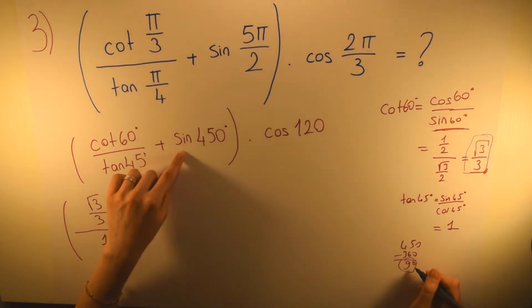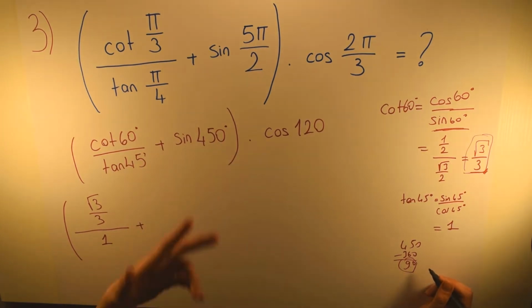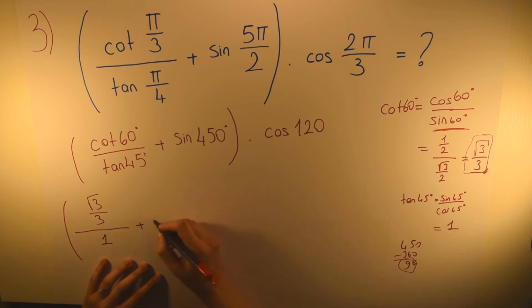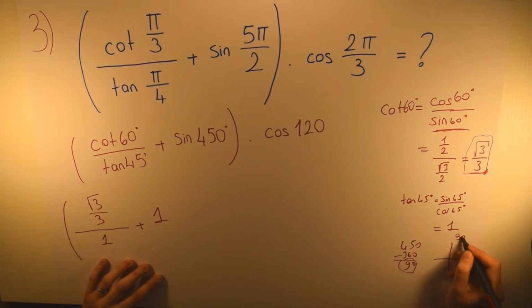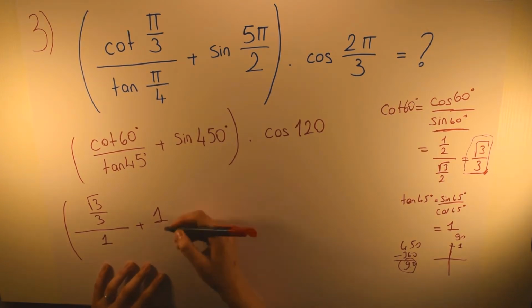So instead of sine 450 degrees, I can write sine 90 degrees, and that is also equal to 1, right? Because 90 degrees is here, and since it's the sine axis, we know that it is equal to 1. So our sine 90 degrees is equal to 1. So I close my parentheses.